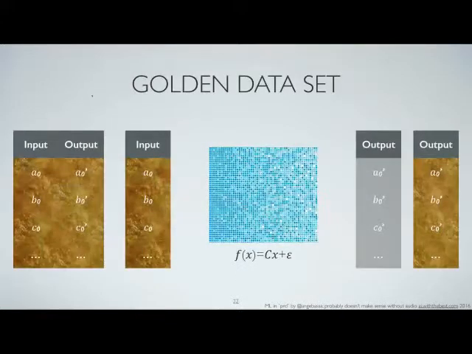In terms of a golden data set, this is pretty much obvious in hindsight, but I've seen a lot of production environments that don't employ this. What I mean by this is you have an input and an output that worked in the research environment. And so we call that the golden data set. We separate the input from the output, and we give the input to our development team, who is going to build a machine that is some function of the thing that we build, plus some error.